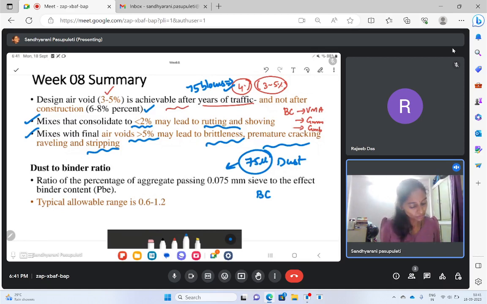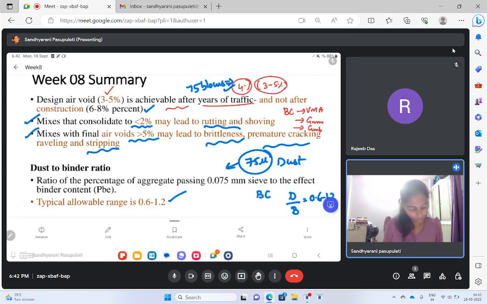So we need to concentrate on this dust to binder ratio to keep it in the range of 0.6 to 1.2. What will happen if the dust is very high but bitumen is very less? Then you will not have sufficient bitumen. And if the dust is very less and bitumen is very high, then you will have very soft mixes. So we try to maintain this in the range of 0.6 to 1.2.